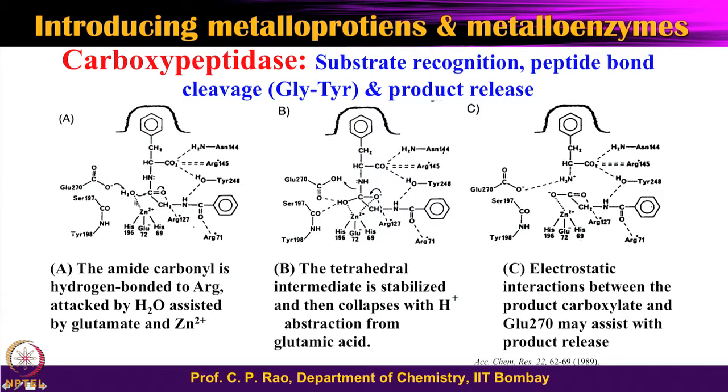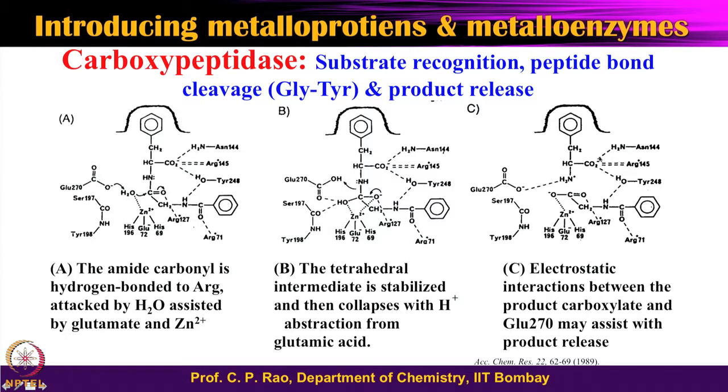Now once this water is activated or zinc hydroxide is created, that will create an active bond through a nucleophilic attack here, and that will give the intermediate, as you can see here. So this is actually a step towards the breaking of the CO-NH bond, and here you can see the CO-NH bond is broken, but still the thing is connected.